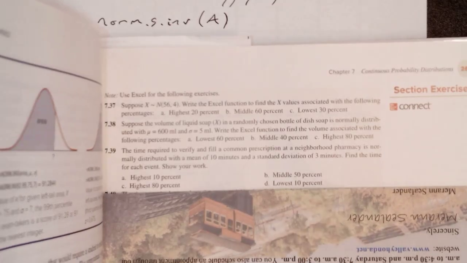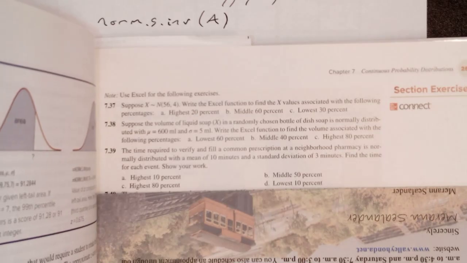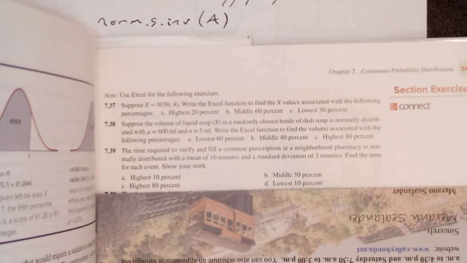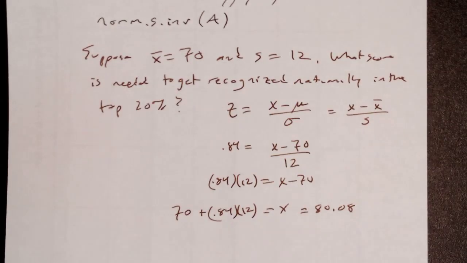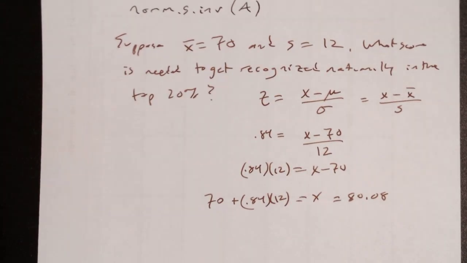These are deciles, aren't they? Only we're not doing it like we did deciles, like we did quartiles and median, because we're not using order. We're using the normal distribution instead. So the two critical pieces of information I need to start with for this problem is that the mean is 10 minutes, the standard deviation is 3.